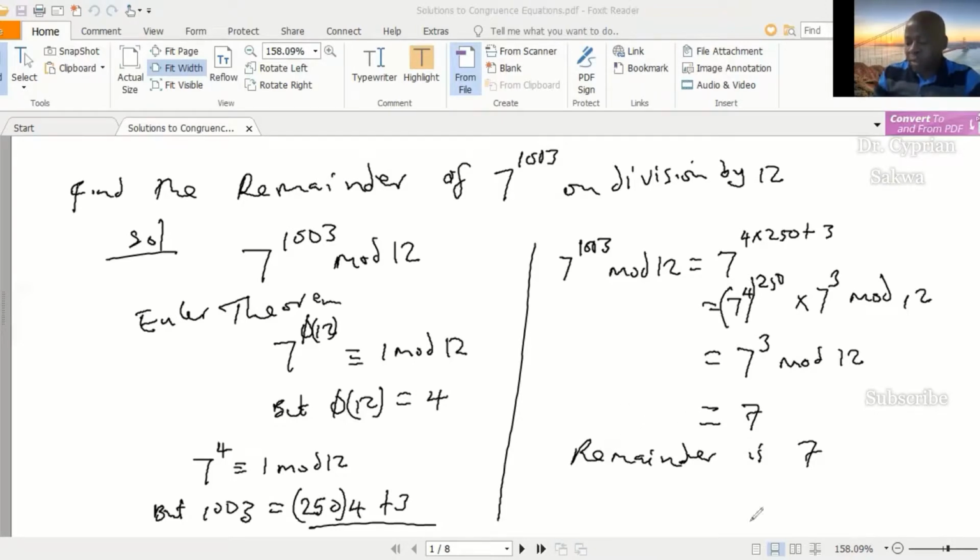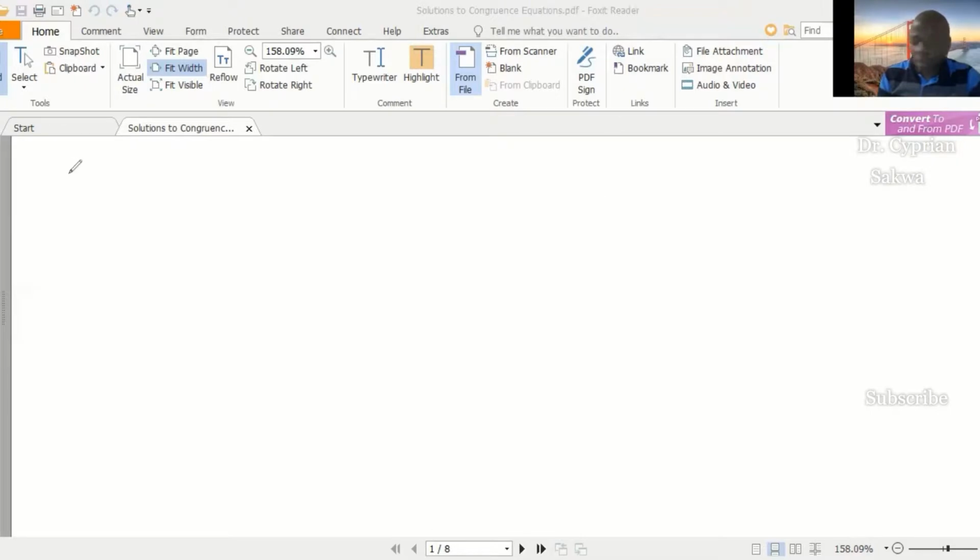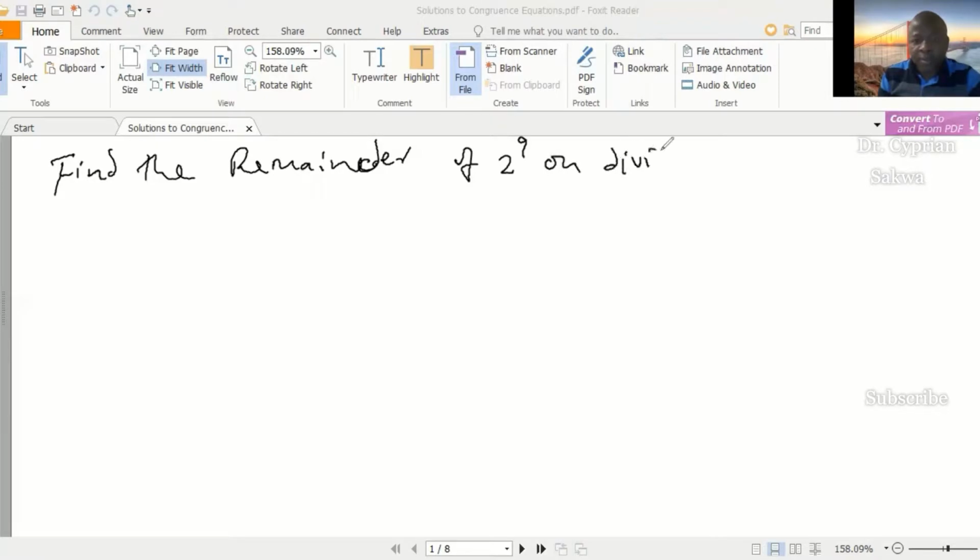Look at another question. So the other question is, find the remainder of 2 raised to 9 on division by 12. So what this means is that find 2 raised to 9 mod 12.